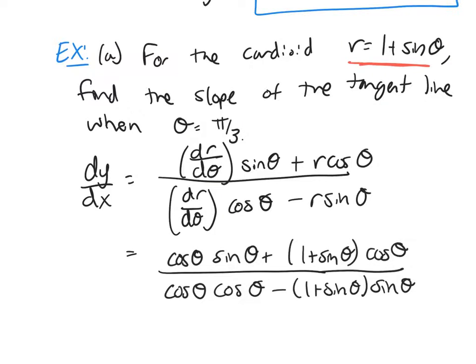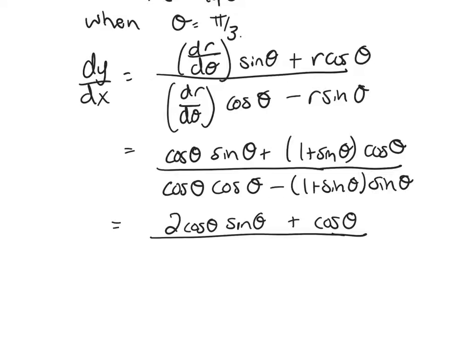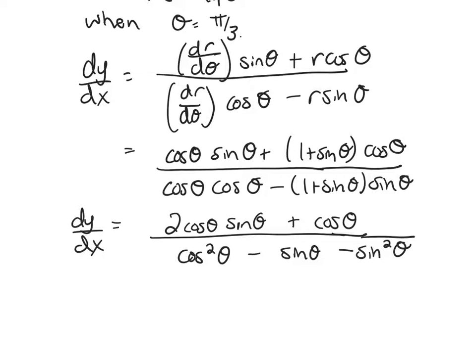And now we're going to simplify some of the stuff that we have here. In the top, you have 2 cosine theta sine theta plus a cosine theta. In the bottom, you're going to have cosine squared minus sine squared minus sine theta. So this is the formula for my derivative.